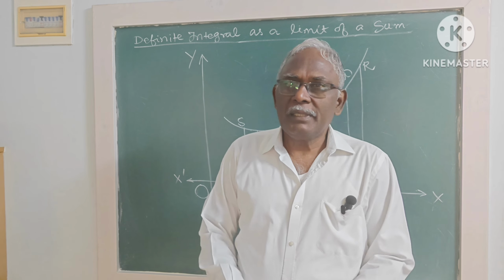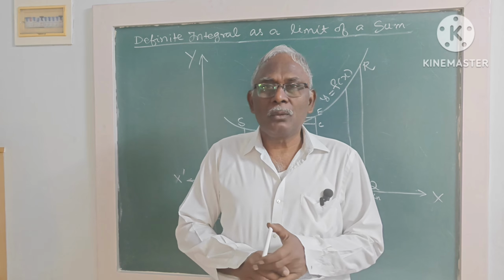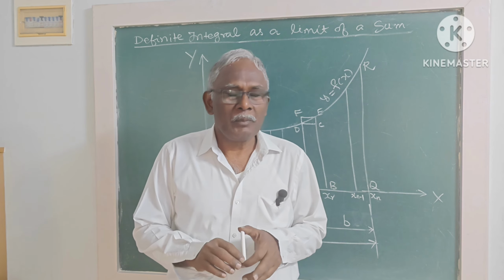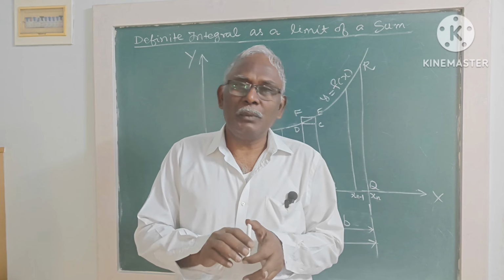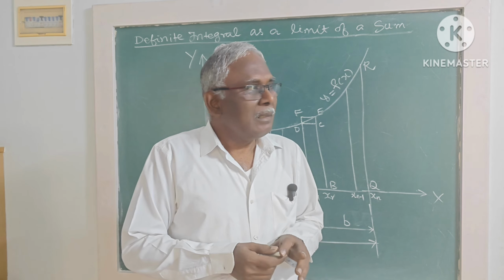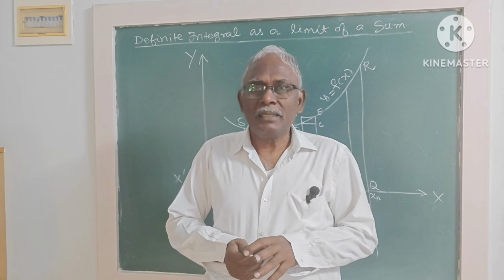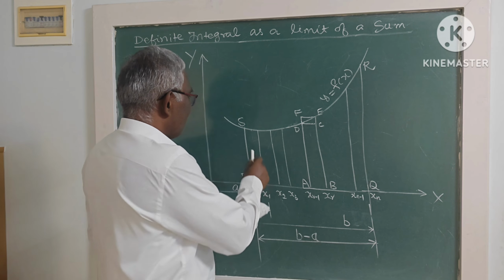Let f of x be a continuous function defined on the closed interval [a, b]. Let us assume the function takes only positive values in the interval [a, b], then the graph of the function is a curve above the x-axis.